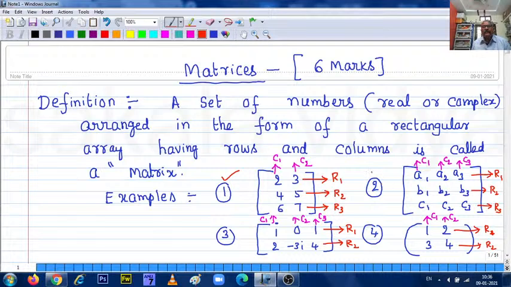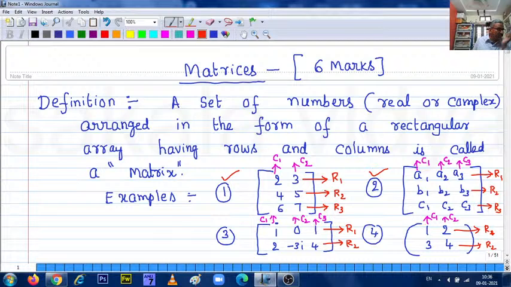Now in the second matrix, how many rows and columns are there? 3 rows and 3 columns. In the third matrix, we have 2 rows and 3 columns. In the fourth matrix, we have 2 rows and 2 columns.